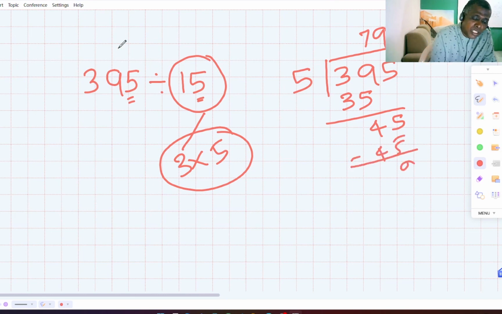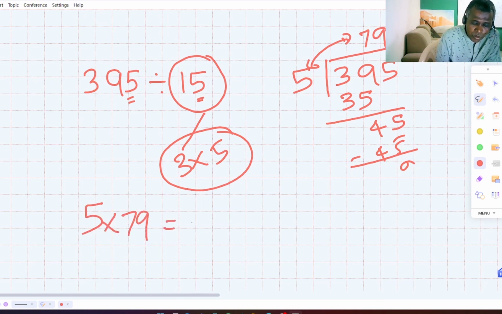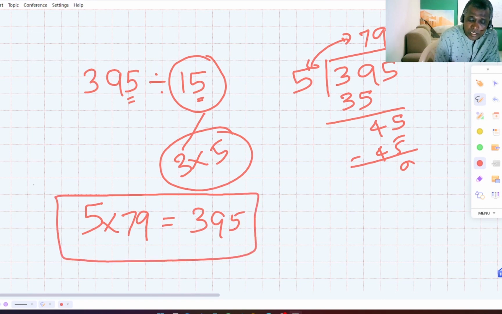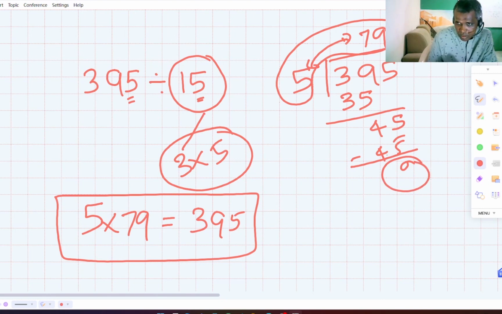That means I can write this number as a multiplication: 5 times 79 is equal to 395. Why? If you multiply these two, you are getting this answer. The remainder is 0. That means 5 times 79 is equal to 395.